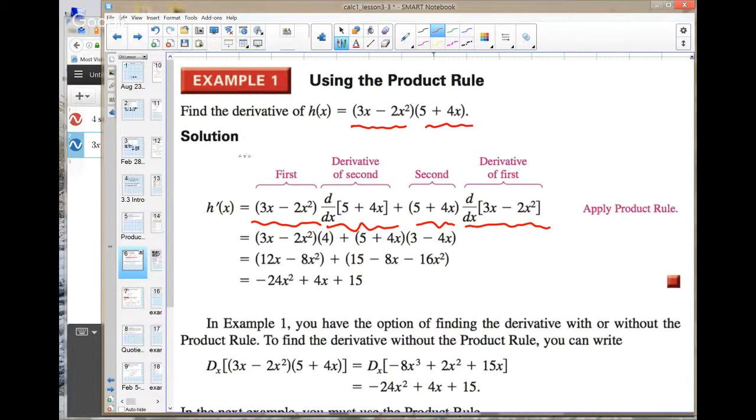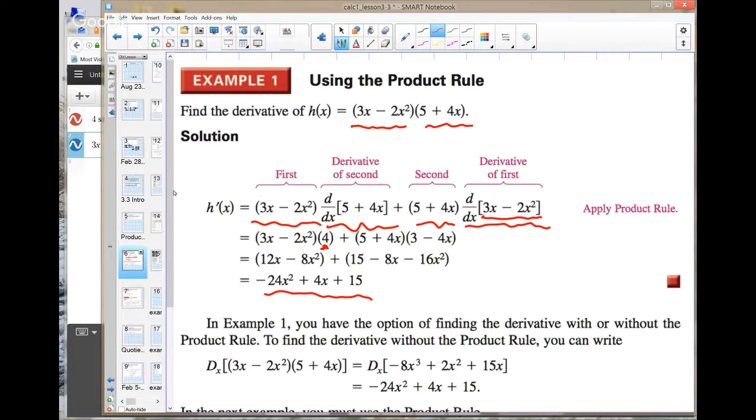Derivative of 5 plus 4x. Oh, that's just 4. Oh, that was nice and easy. Plus the second, 5 plus 4x. And what's the derivative of the first here? 3 minus 4x. Okay, then just multiply those two sides out, add them together. Voila, we have our derivative.